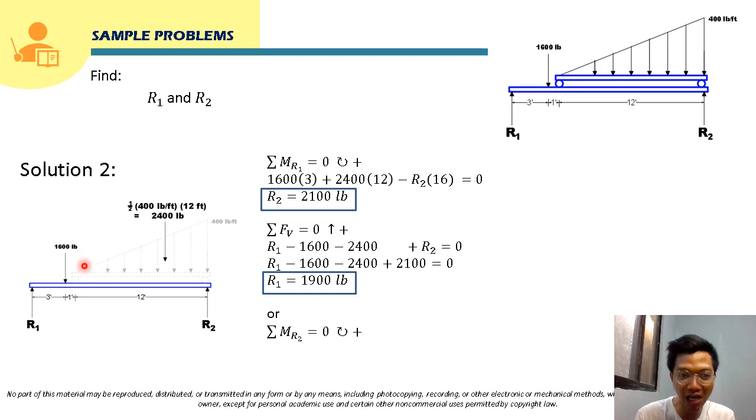The applied load is 1,600 plus 2,400, which is 4,000 pounds. If you add R1 and R2, that is 2,100 and 1,900, it should also be 4,000 pounds to say that it is correct. So we can see that 2,100 plus 1,900 is also 4,000 pounds. So these answers are correct based on that checking.